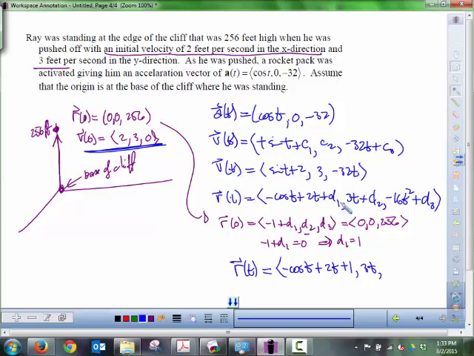And then in my y component 3t plus 0, and in my z component negative 16t squared plus 256. That's my position function. Okay? Any questions?